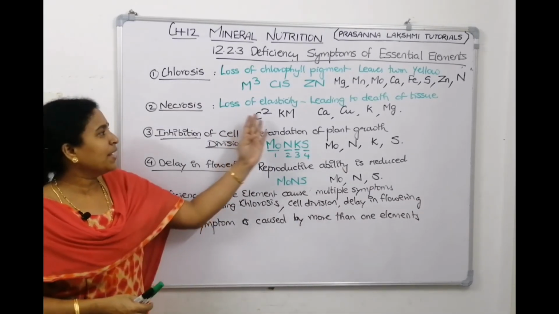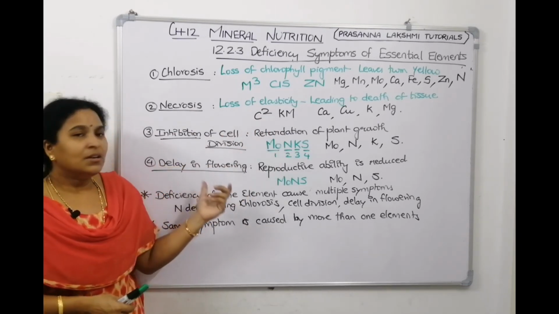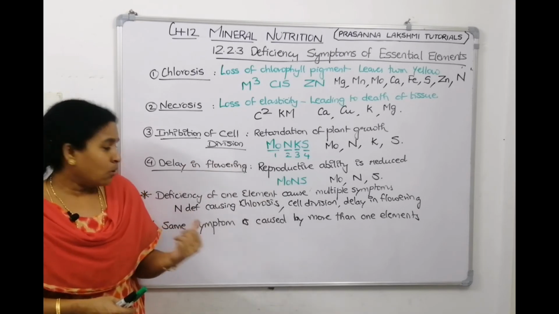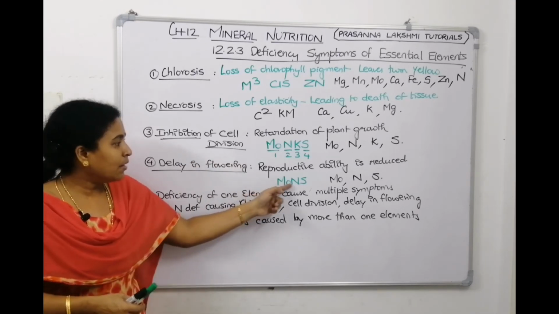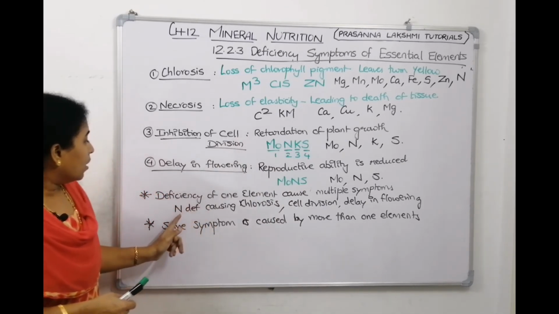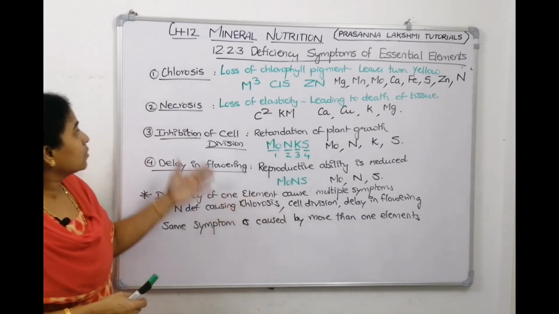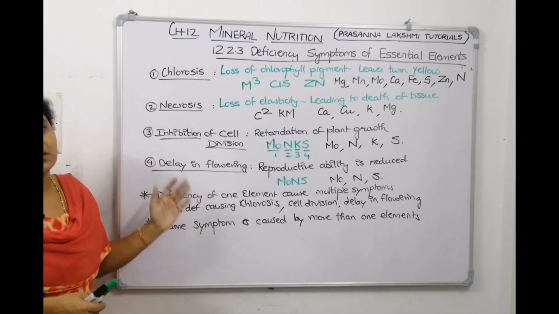Necrosis is caused by how many elements? 4. Inhibition of cell division, 4. Delay in flowering, 3. So, one symptom is caused by more than one element. And deficiency of one element causes multiple symptoms. Nitrogen caused this also, this also, this also.